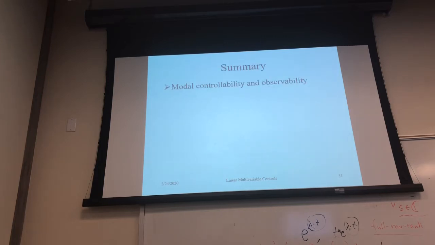So we have gone through modal controllability and observability, to give us additional insights. And when we talk about the input-output relationship in the transfer function, if it is controllable, then the independence of certain rows is transformed into the matrix. Structurally speaking, we can focus on the WB matrix after the transformation.